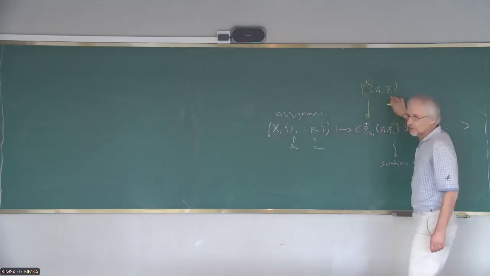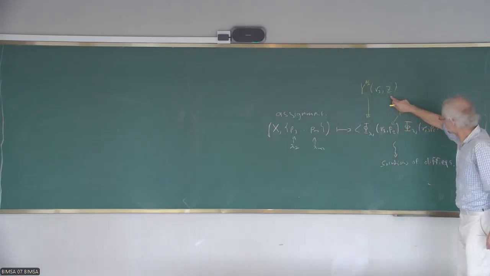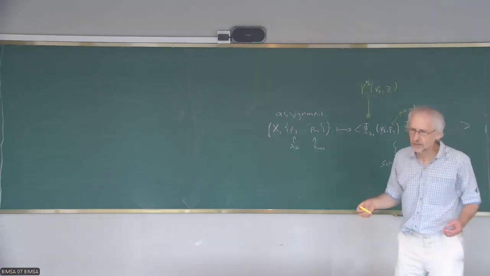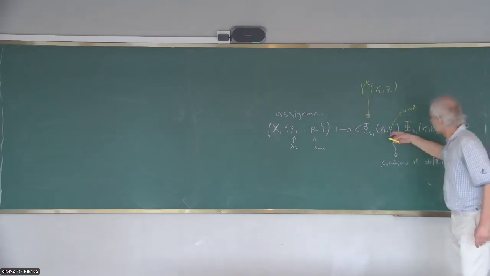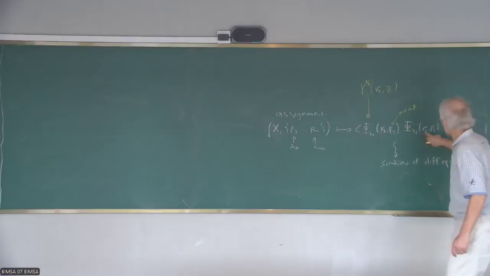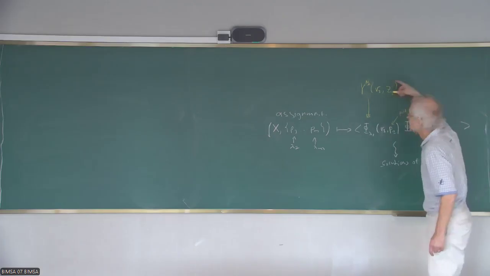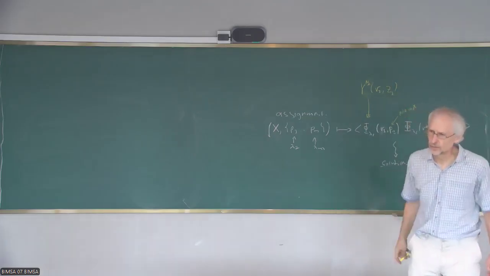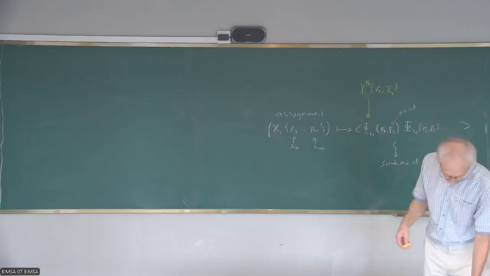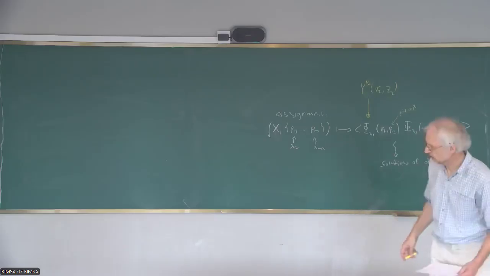But then we have some formal variable here, and we have to make a relation to the point. And the relation is that you can take a local holomorphic coordinate at that point, but you have to do this for all of these. So you will deal with different formal variables, and you have to be careful in manipulating them. I have no intention to go into any detail about that.